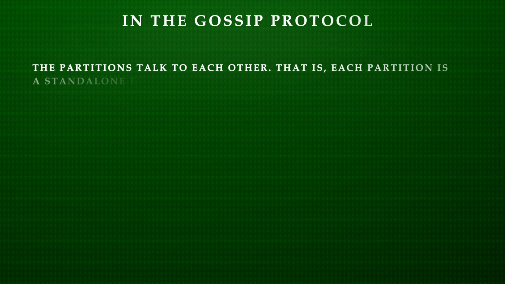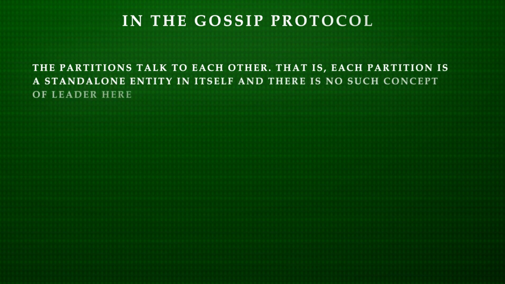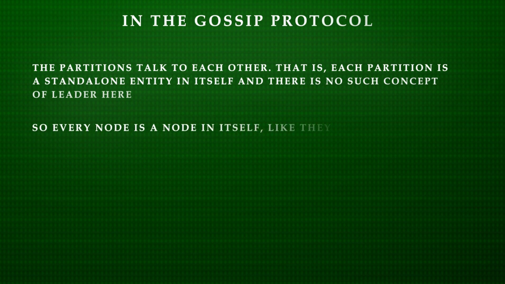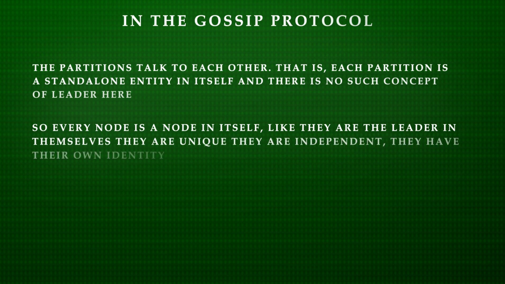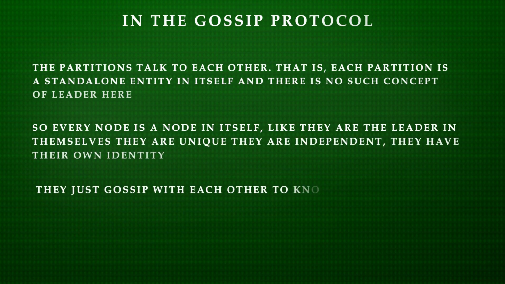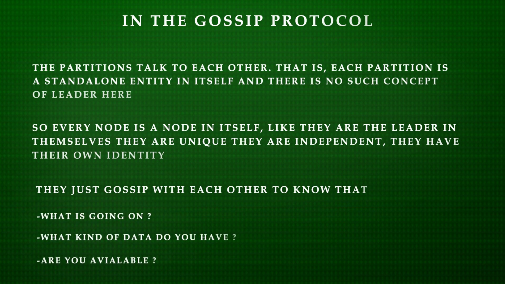That is, each partition is a standalone entity in itself and there is no such concept of leader here. Every node is a leader in itself. They are unique, they are independent, they have their own identity, and they just gossip with each other to know what is going on, what kind of data you have, are you available.